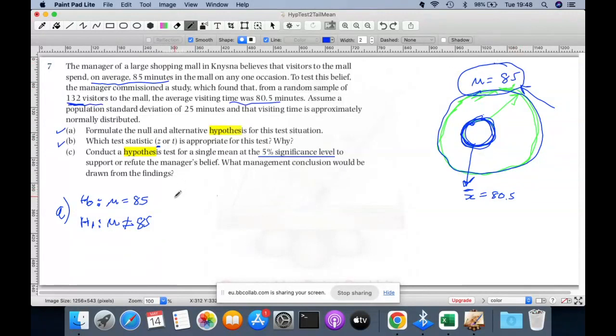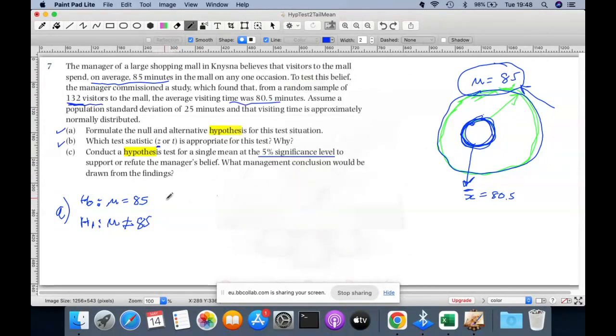A handy piece of advice I can give you is when you declare your hypothesis in your first step, that is when you have your H0 and your H1, it's a good practice to write where the claim belongs. So for instance, if you look at the question, it says the manager believes that shoppers spend on average 85 minutes.